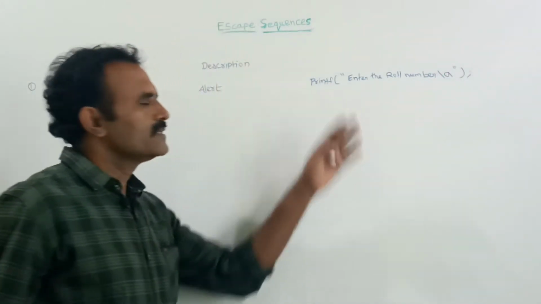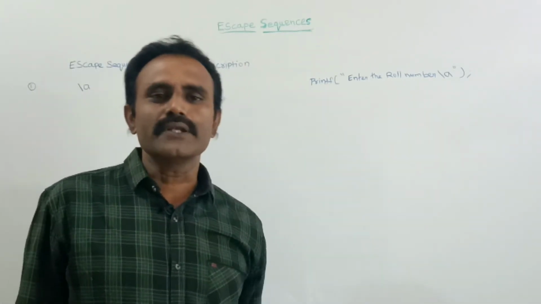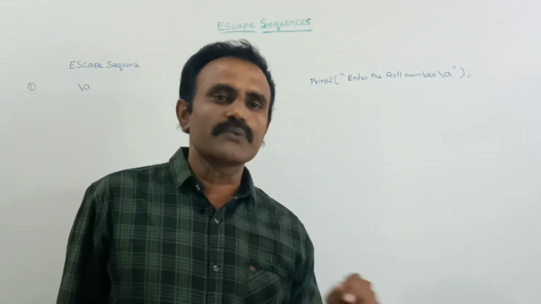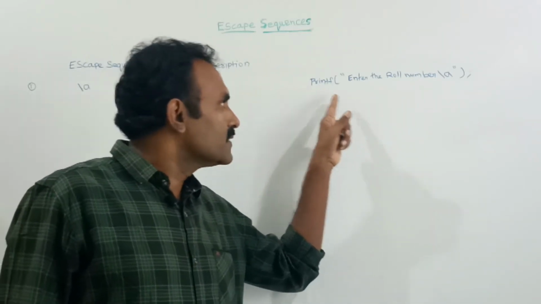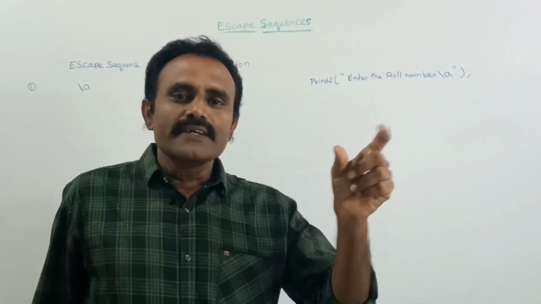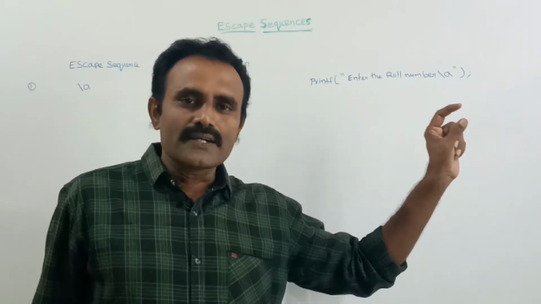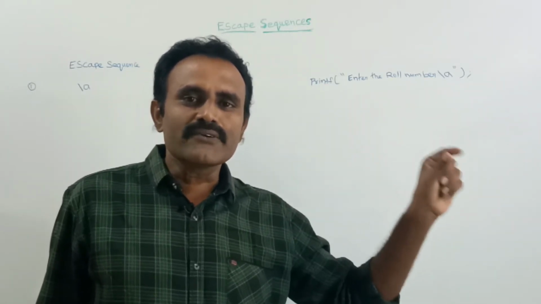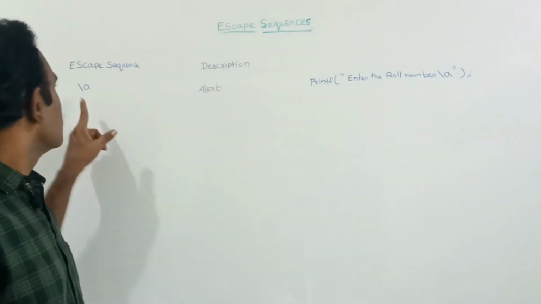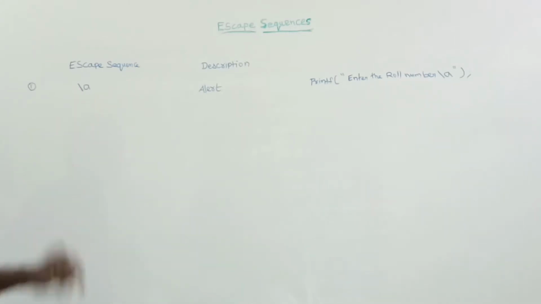If you give this statement, printf enter the roll number \a, then when executing the program, the message "enter the roll number" will be displayed on the display screen. At that time a beep sound will occur in the system speaker. So for the beep sound, we are using \a.